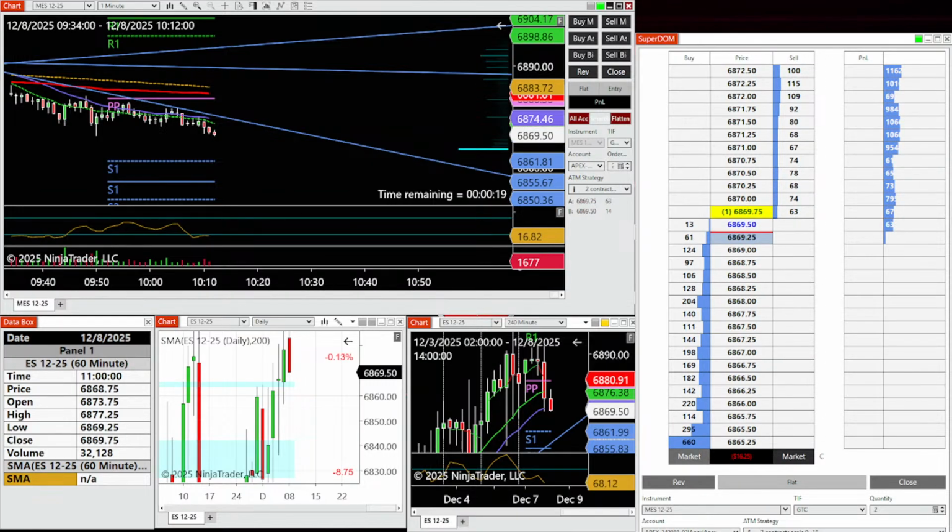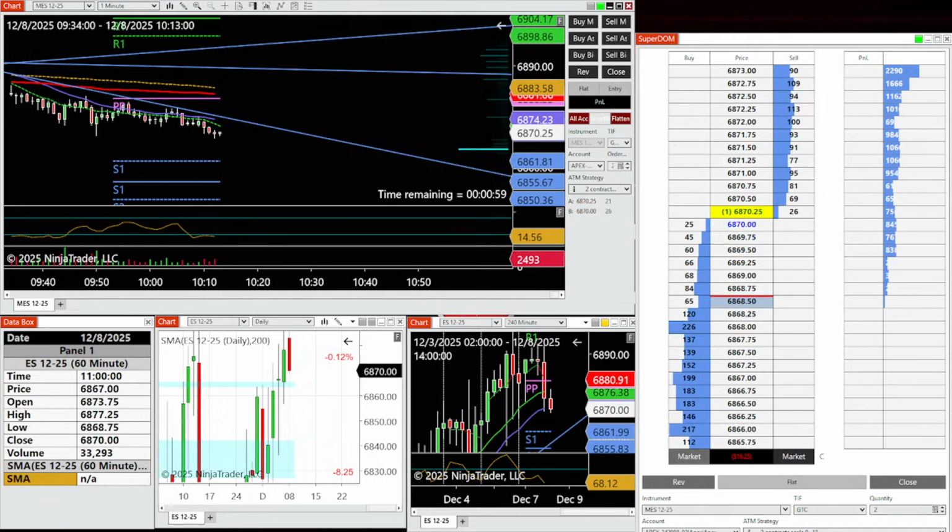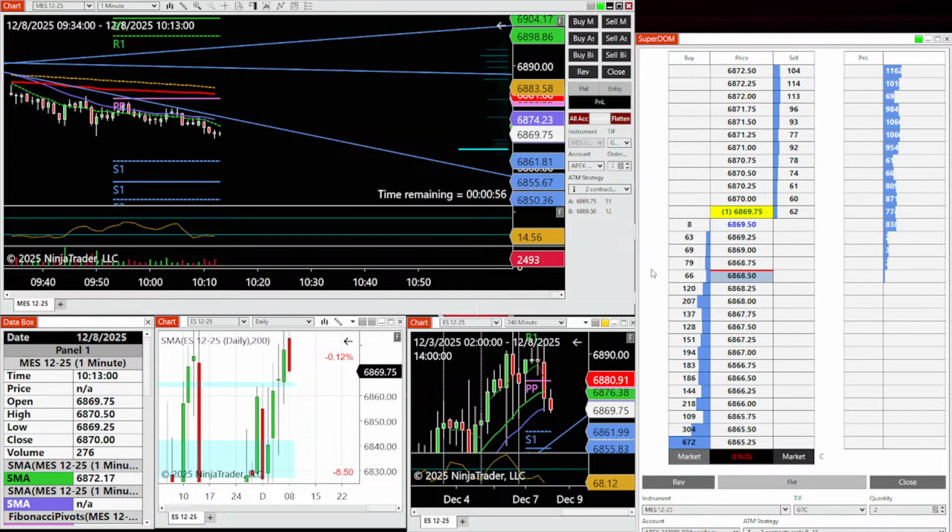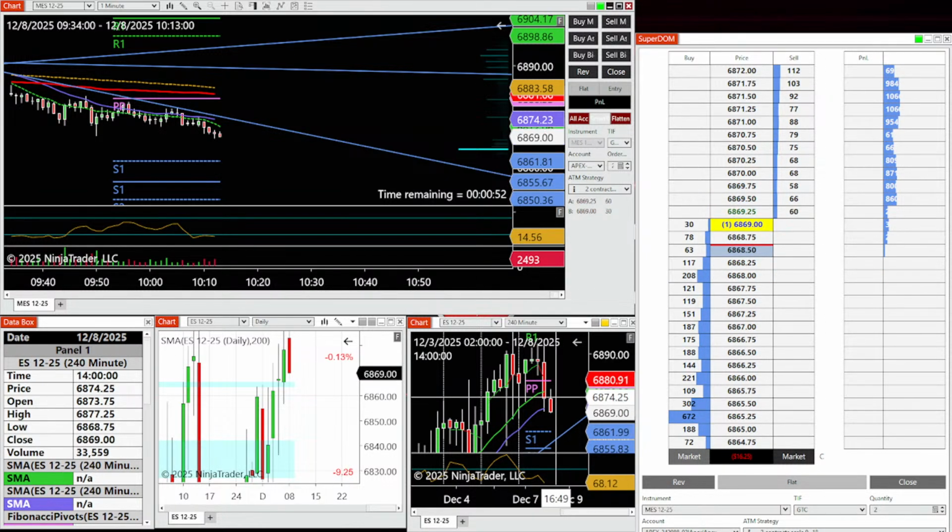Around that 66, 67 area is where I got chopped out last time. I kept getting stopped out trying to short down here last time.